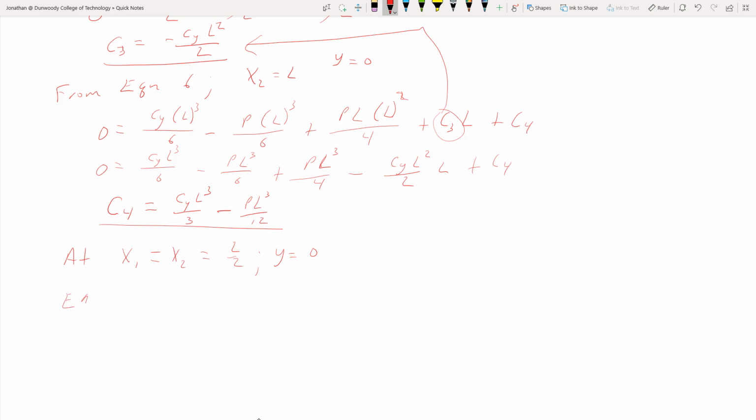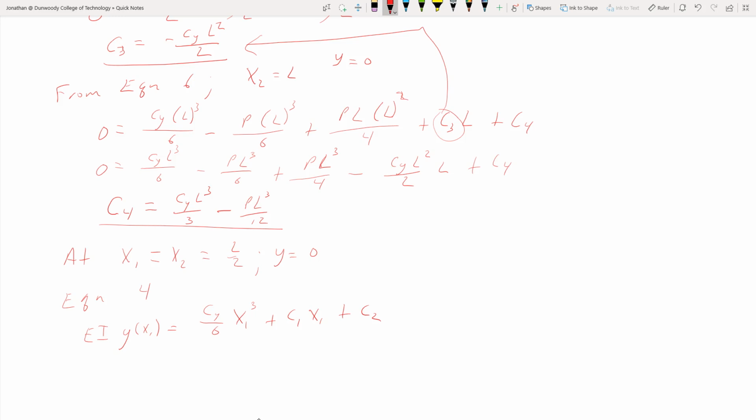So using equation 4, my equation 4 was EI y as a function of x1 is Cy over 6 x1 cubed plus C1 x1 plus C2. And we don't have either of those values, right?